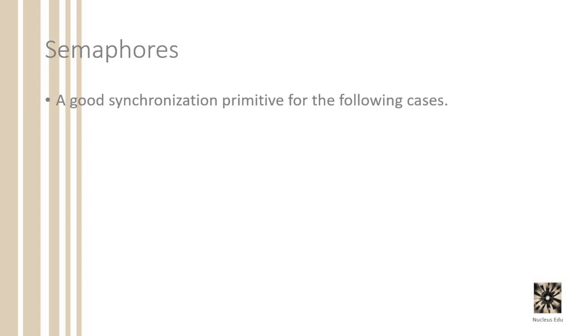Now, even then, different primitives in the same type and category, being semaphores and mutexes, are supposed to be used in different scenarios, right? Semaphores are more for counting resources.